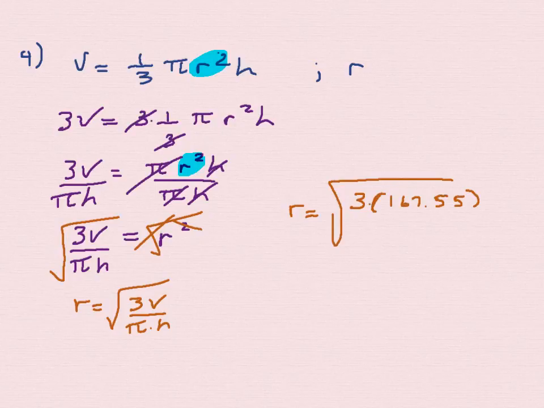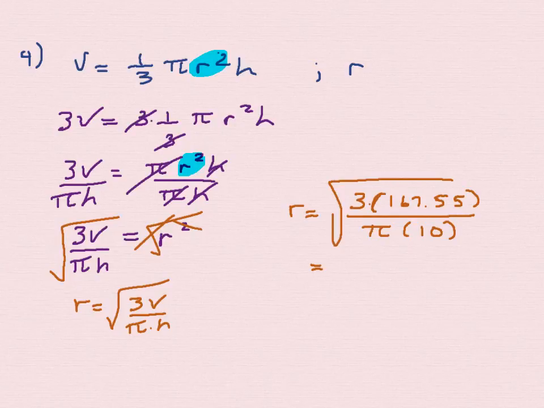Do that part in the top. You're going to divide that by the value of the height, which is 10 times pi. Okay, if you're going to get this right, you probably should do the entire top, get an answer, the entire bottom, get an answer, and then divide it, and then take this square root at the end.